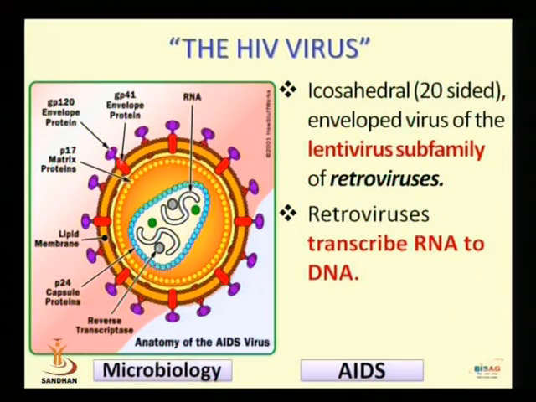It has an envelope, and it belongs to the retroviruses, more specifically a subfamily known as lentivirus. Retroviruses have a peculiar feature: it is an RNA virus, and the information from RNA is transcribed to DNA using the reverse transcriptase enzyme. So this is in brief the virus.